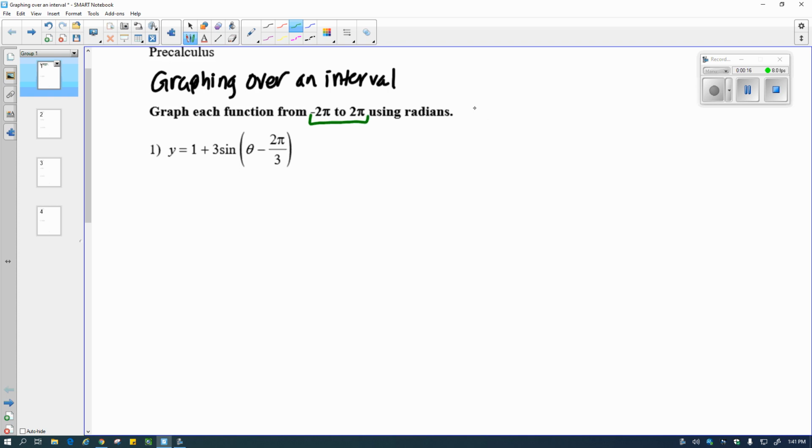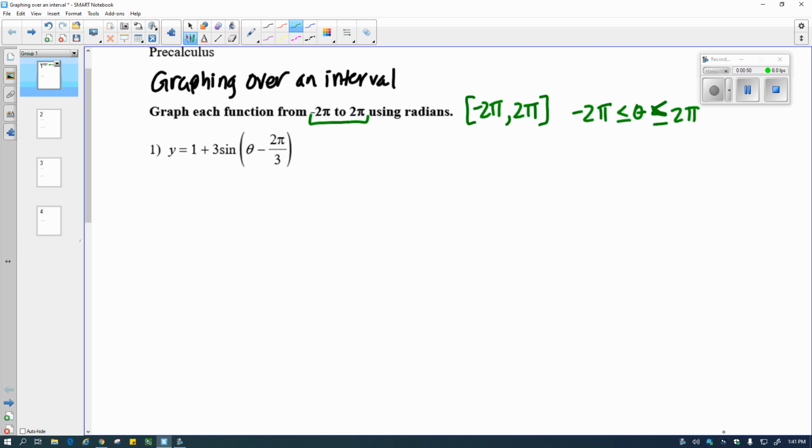Sometimes you'll see that written in this form, negative 2 pi to 2 pi, or other times you'll see it listed as I'm graphing from negative 2 pi up to 2 pi using that inequality symbol, a compound inequality. But basically, we're just going to make the graph go from negative 2 pi to 2 pi.